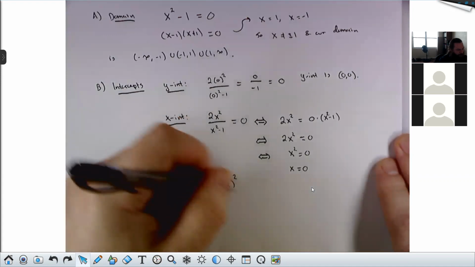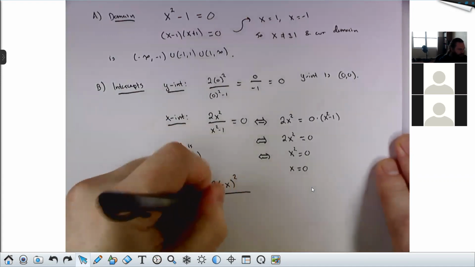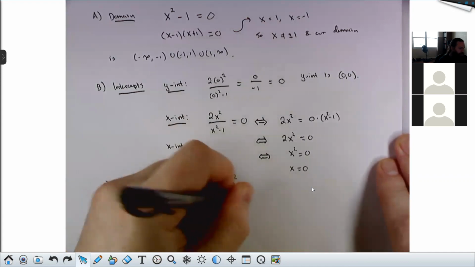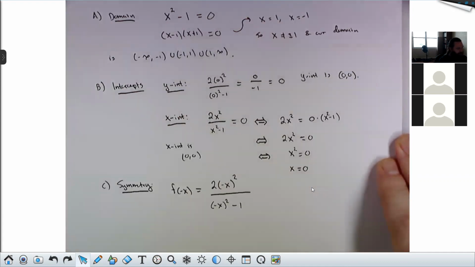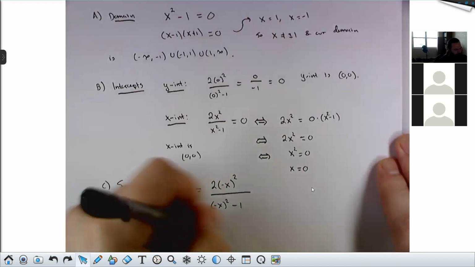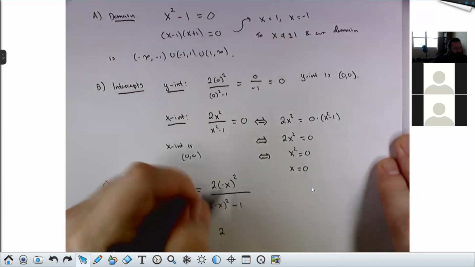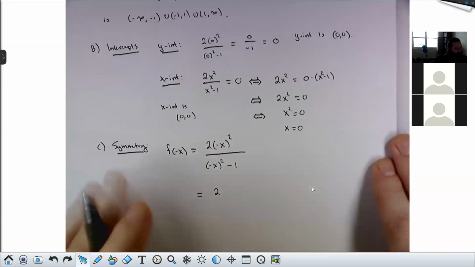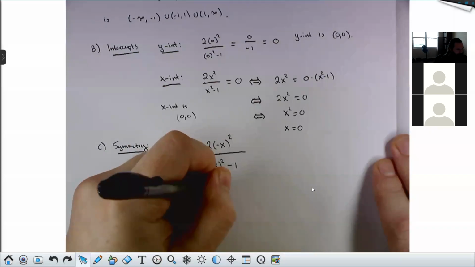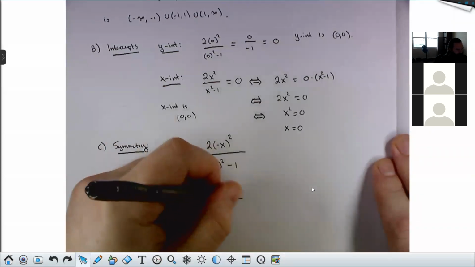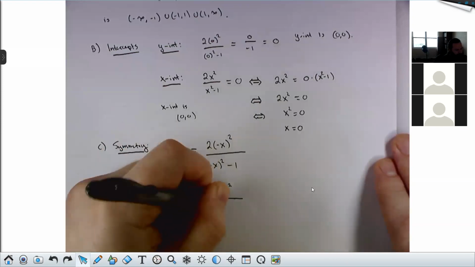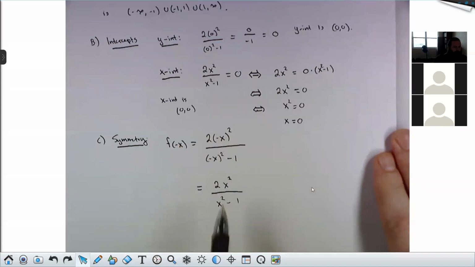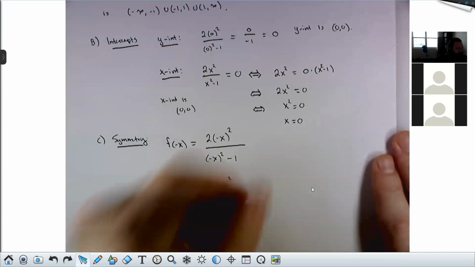So here I'll have 2 times negative x squared divided by negative x squared minus 1. Well, what is the square of negative x? What happens if I square negative x? It becomes positive. Yeah, this just becomes 2x squared again. And downstairs, this becomes x squared again. And what is this? F of x. Yeah, that's the original function.